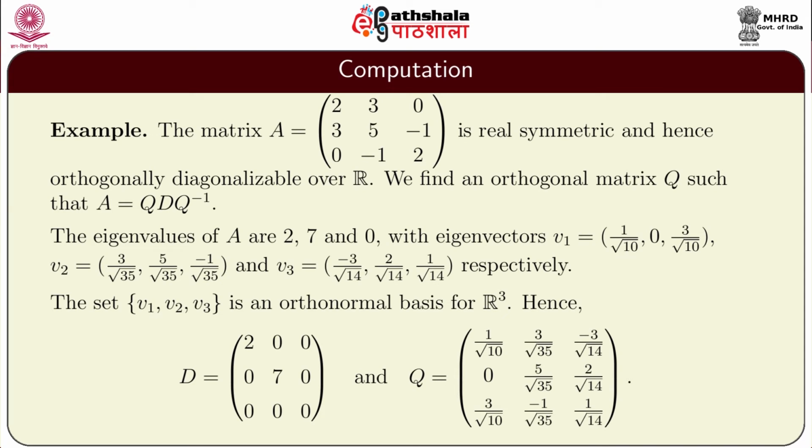and therefore, the diagonal matrix D is given by 2 0 0 in the first row, 0 7 0 in the second row, and 0 0 0 in the third row.